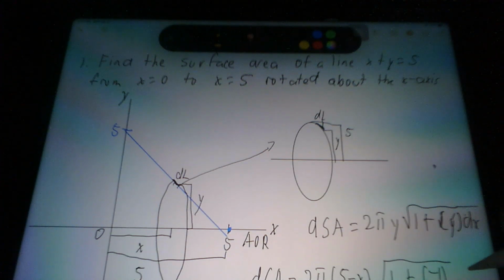Right, that's correct. 1 plus, okay, that's -1 squared dx.